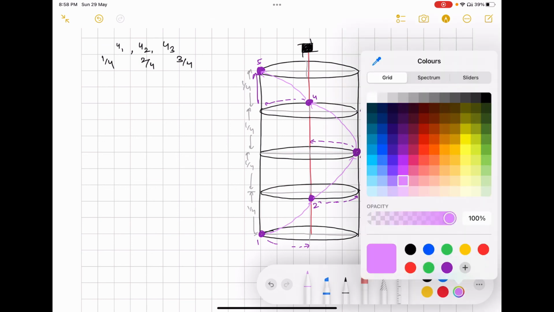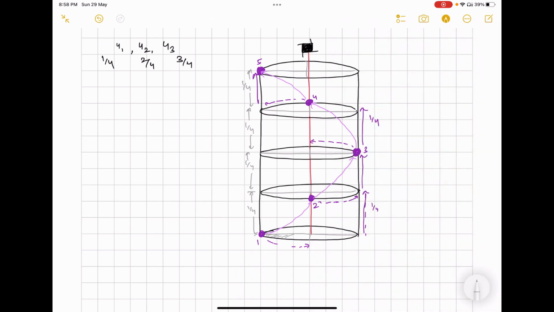And the rotation that it has covered are this one, then this quarter, and then this quarter. It has covered full 360 degrees.